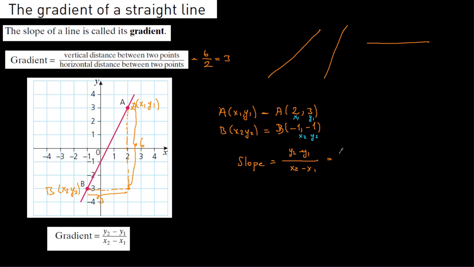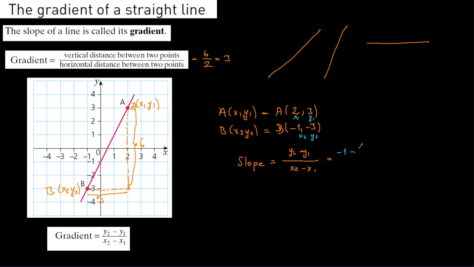So y2 is equal to -1 and y1 is 3, so it's going to be -1 minus 3. I'm sorry, I made a mistake here with the coordinate. x is equal to minus 1, y is equal to minus 3. I had written minus 1, so I'm changing this one. I'm correcting. Then let's continue with the solution.